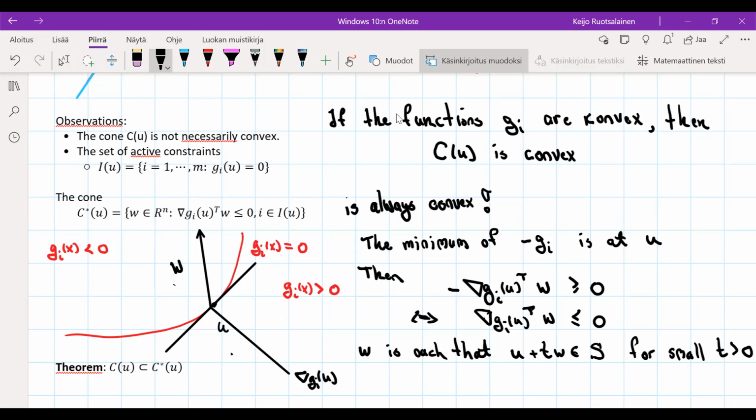And we have a finite number of these constraints which are active. So it is the same for all of them. You just take the intersection. So in the convex case, this theorem that these are equal is, let's say, obvious.